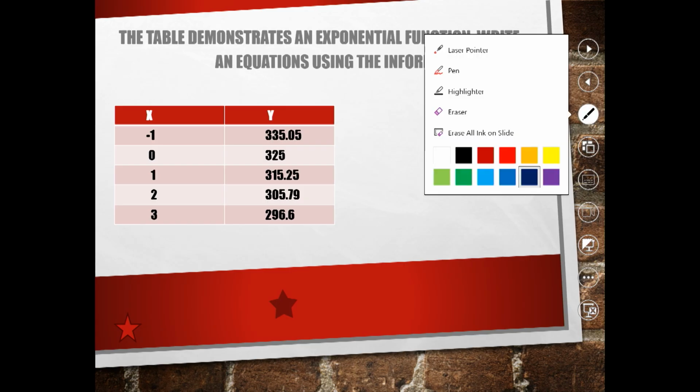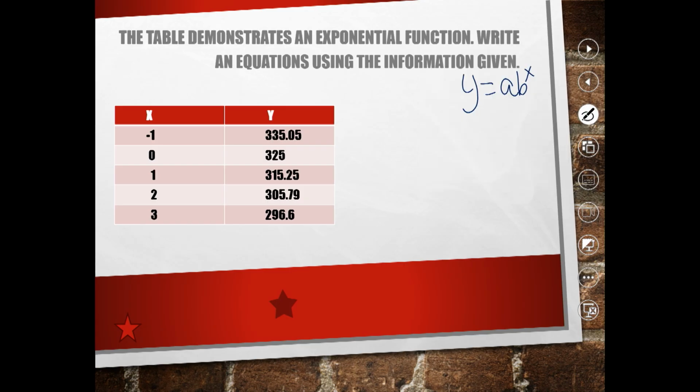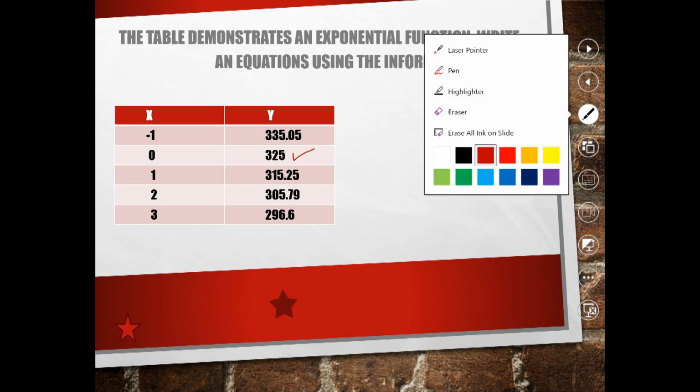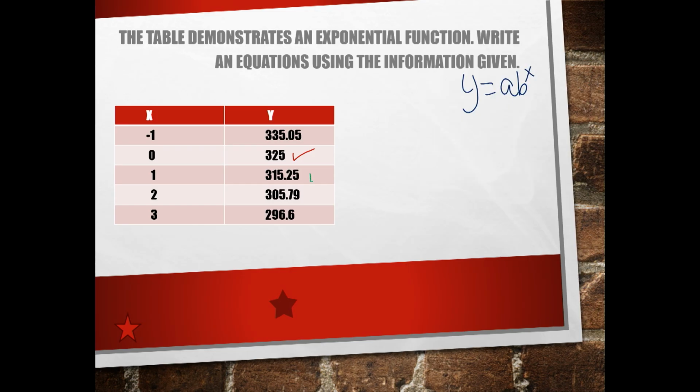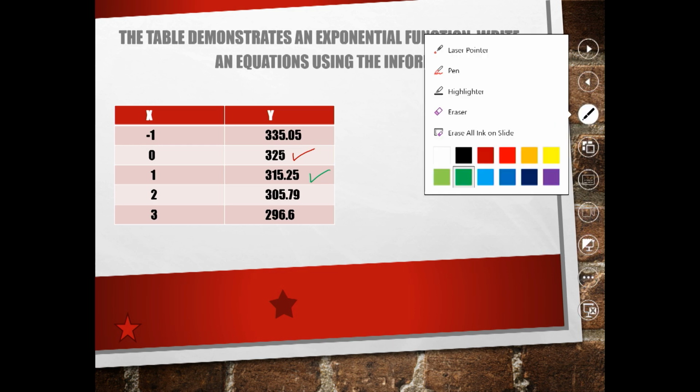Now, we've already said that it's easier to use my y intercept, and it's also easier to use my 1 where x is 1. So let's go ahead and plug these in and see what we get. So I have my, let's do the red color.